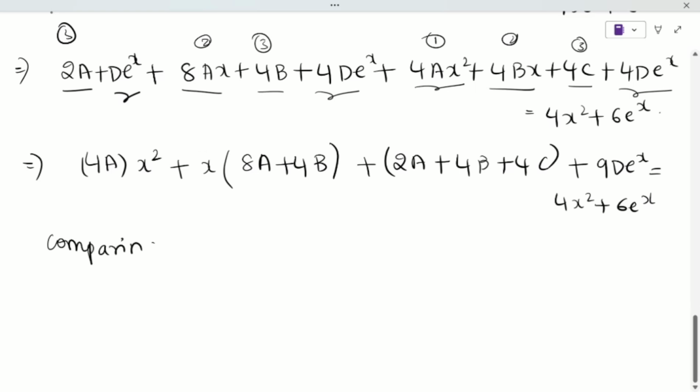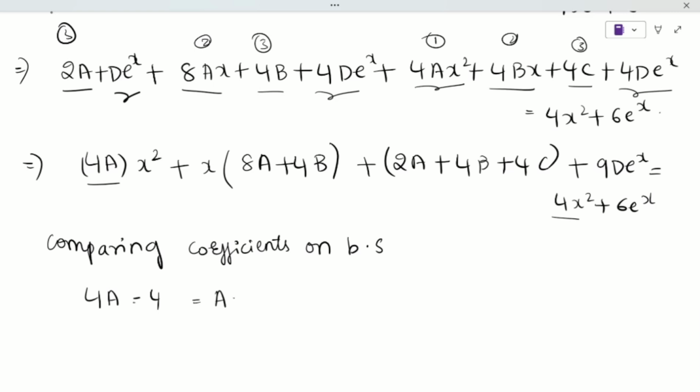Now we are comparing coefficients of both sides. After finding this, we should compare the coefficients. Here 4a equal to 4 from the x square term, so 4a equal to 4, so a equal to 1. 4 ones are 4.